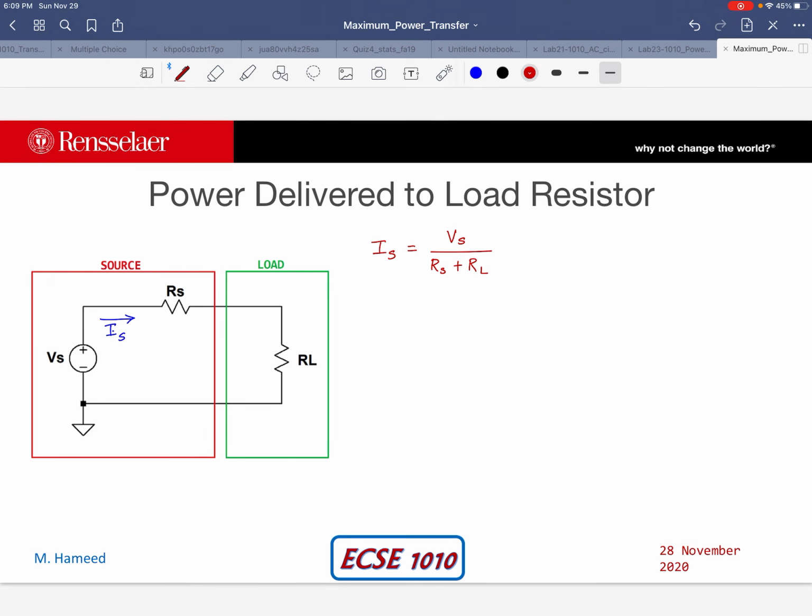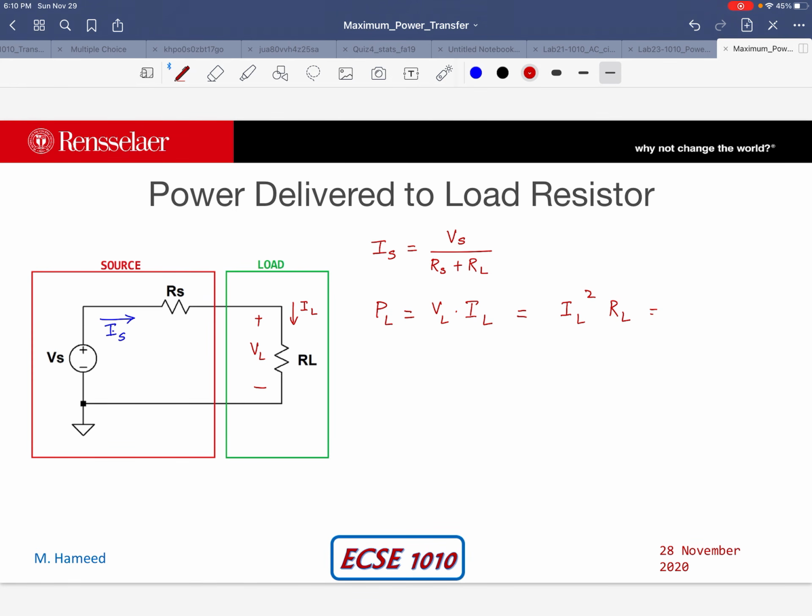Now, using this and the power equation, PL, that's the power absorbed by the load resistor, is VL times IL, where VL is the voltage across the load resistor and IL is the current through the load resistor. And in this case, as you can see, Is is going to be equal to IL. And VL, I'm going to rewrite in a different form, which is IL squared times RL, because again, if I use Ohm's law, I can write the power equation in that form.